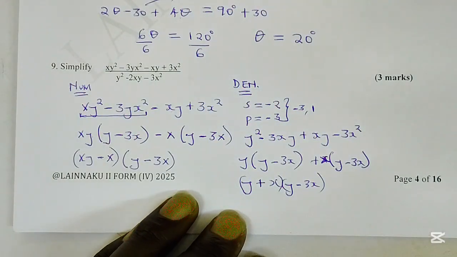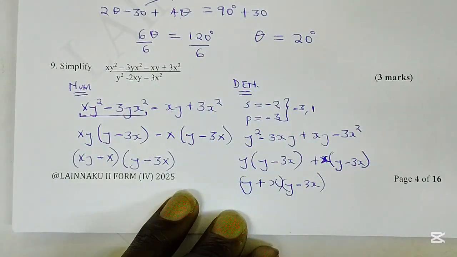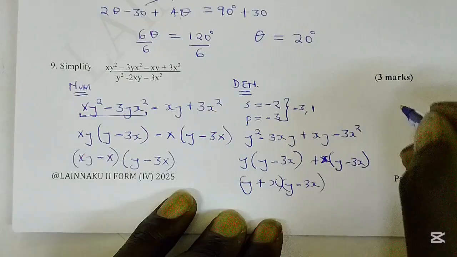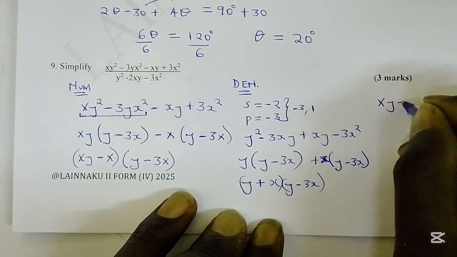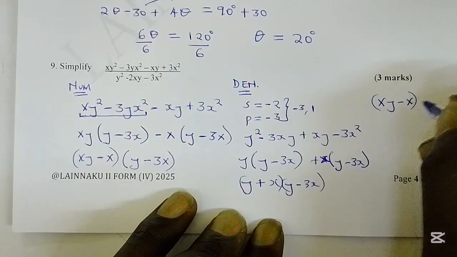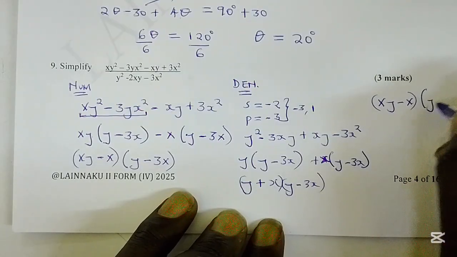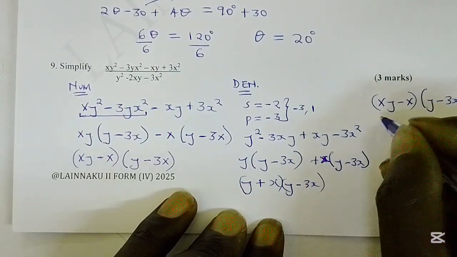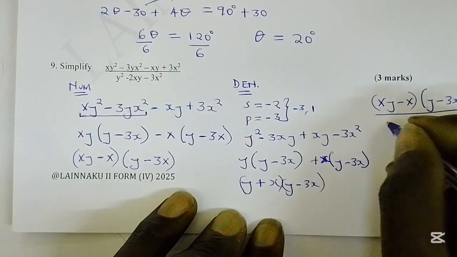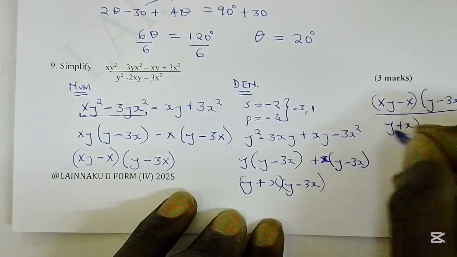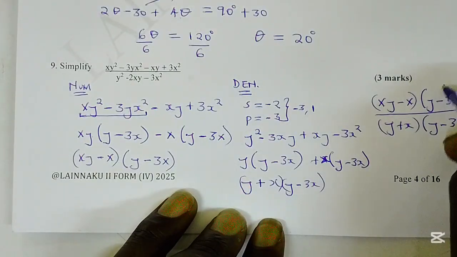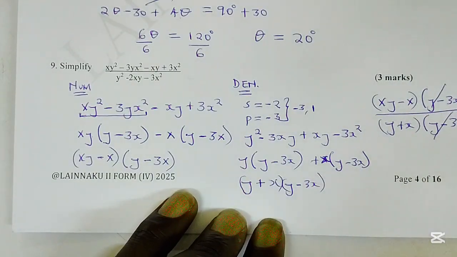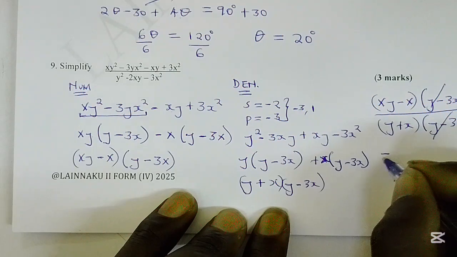So after this, we can now combine the two. The numerator, which is xy minus x, y minus 3x, over y plus x, y minus 3x. Now there is y minus 3x here, y minus 3x here. So what do you end up with?